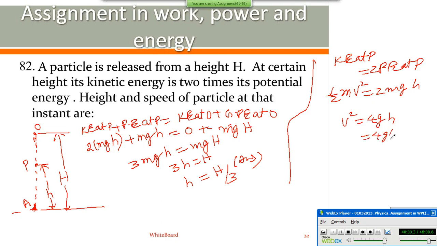For small h you can write capital H by 3. So v can be written as under root of 4gH by 3, or 2 into root of gH by 3. That is the answer for the second part of the question. So if you want to copy the solution of the problem, you can take a pause and copy the solution of the problem.